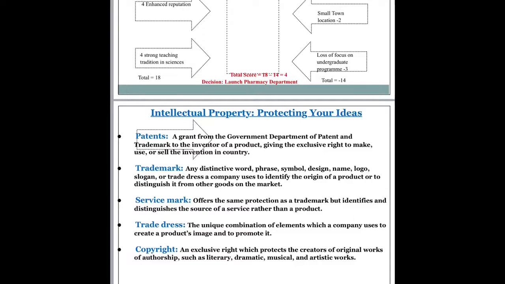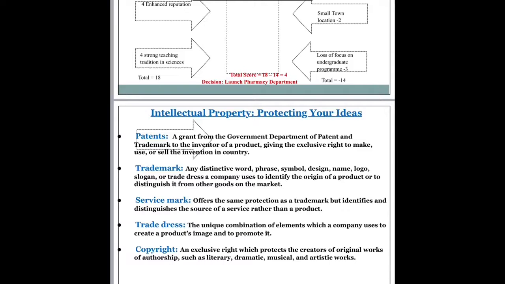Then we have trade dress. Trade dress is the unique combination of elements which a company uses to create a product's image and to promote it. For example, you might have seen Pizza Hut. Their dresses are clearly distinguished from other companies. Or KFC: the people who work for KFC, their dress has a sign writing KFC with the face of that colonel who started Kentucky.